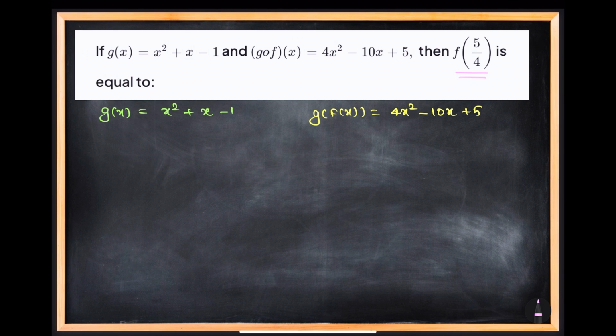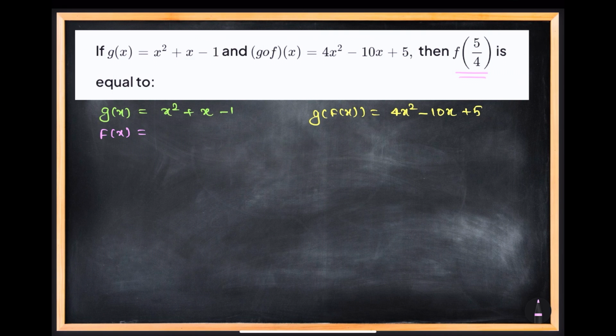So look at this, your g of x. In the previous session also we talked about a similar situation where we calculated f of x. So here also we will try to find out f of x. You know that g of x is a 2-degree polynomial. So what should be the degree of f of x so that the composition g of f of x becomes 2-degree?